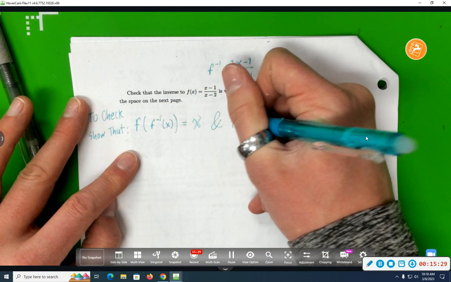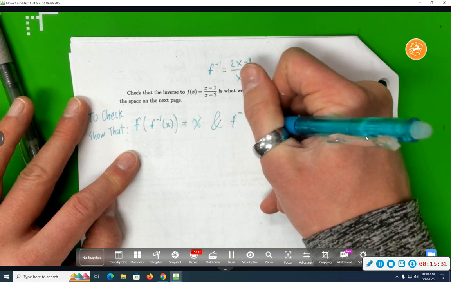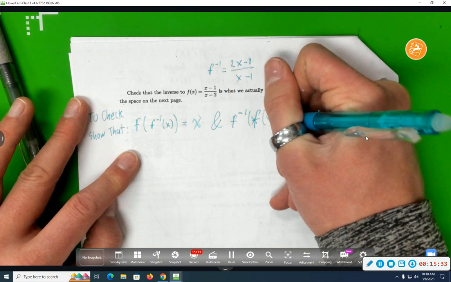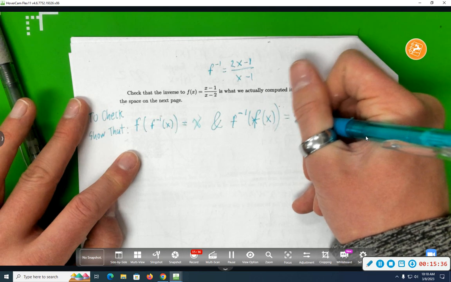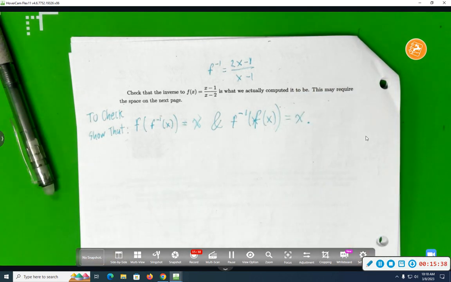And we'll need to check that f inverse of f of x is also equal to x. Those are the two things we need to check. And I think in the time right now, we have plenty of time to check at least one of them. In fact, exactly one. Let's pick one of these two and check that one.